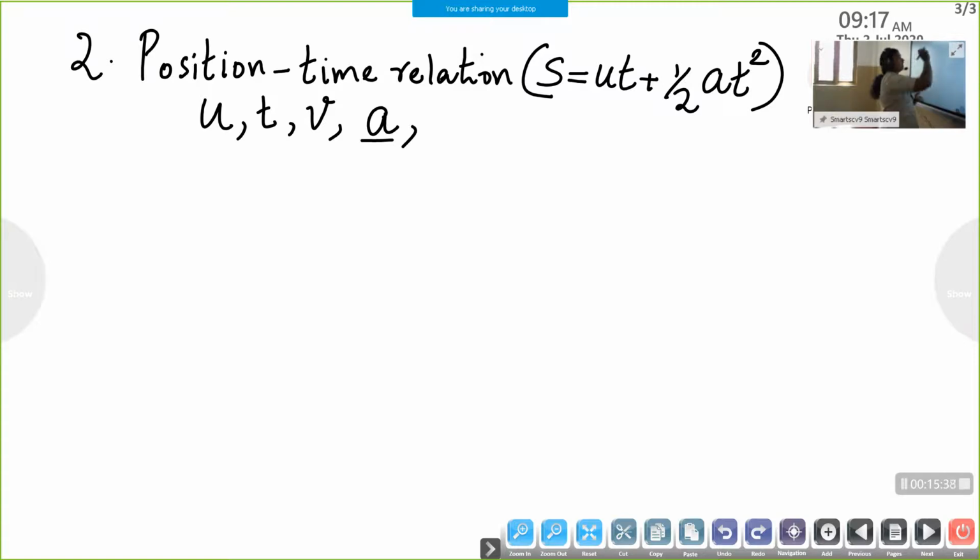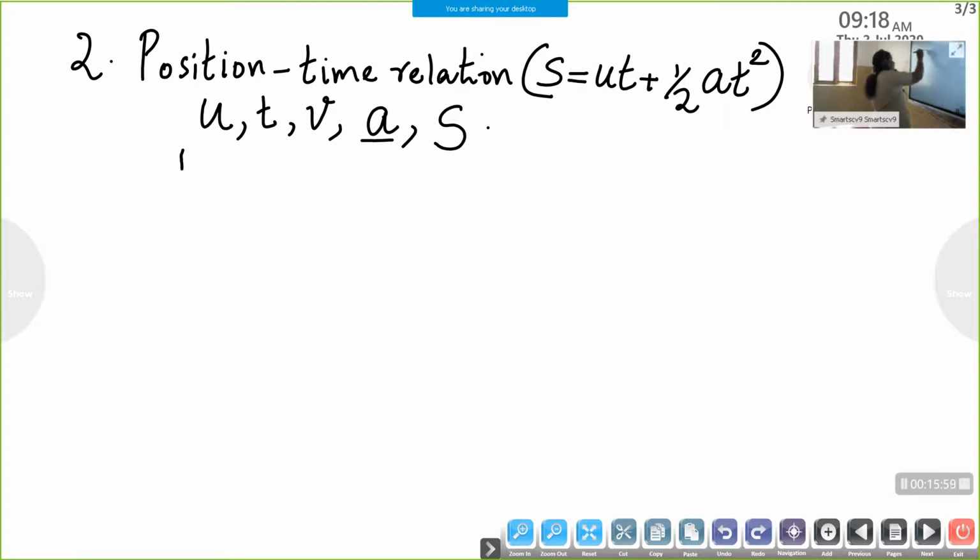And during this time, it has covered a distance or displacement s. So, one more point you have to add in this. In every derivation you have to introduce the terms, and from the velocity-time graph we are going to derive.